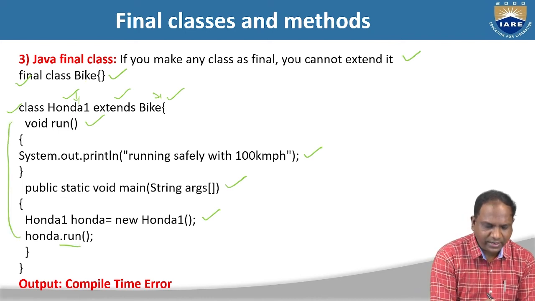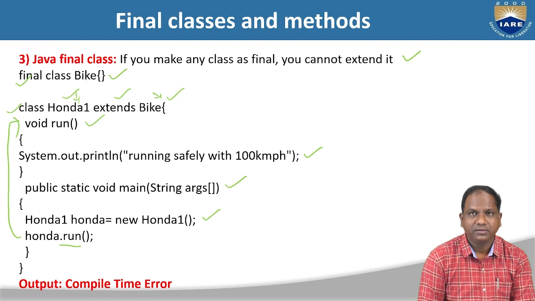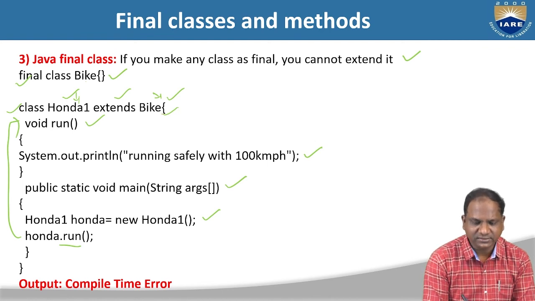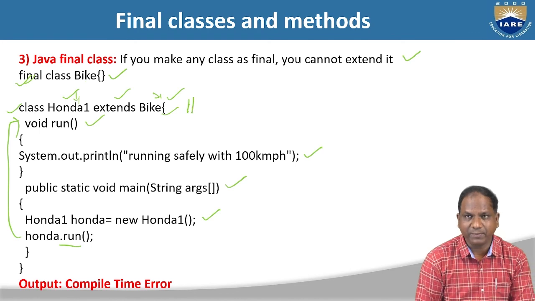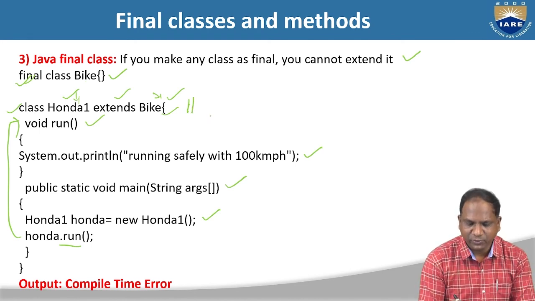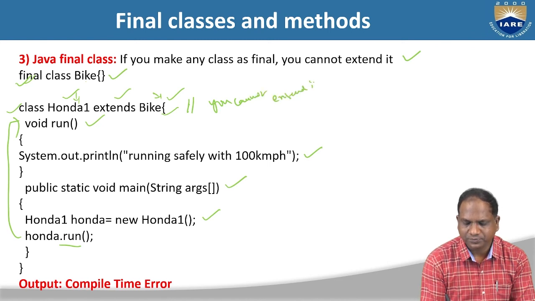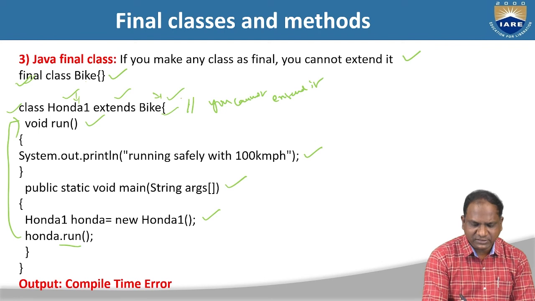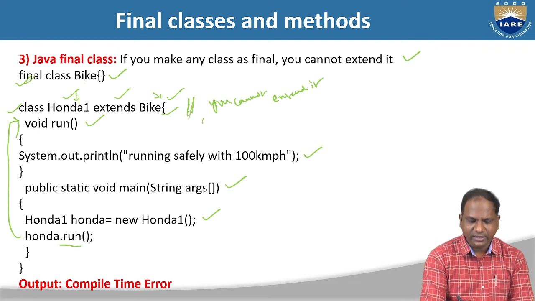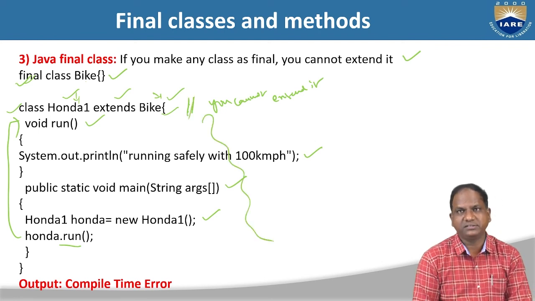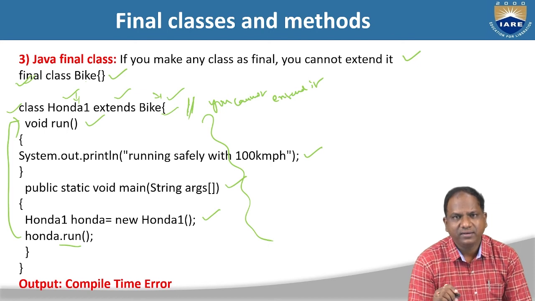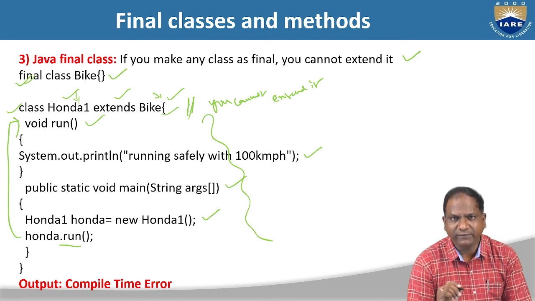So it is extending a final class, and it will throw a compile time error saying that you cannot extend it. This statement only will throw an error. The remaining statements are useless.